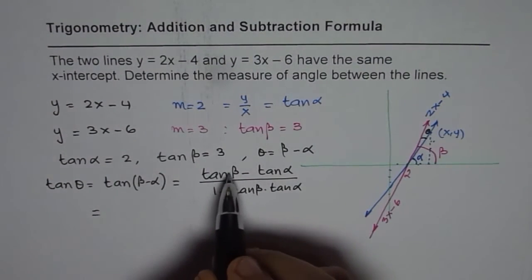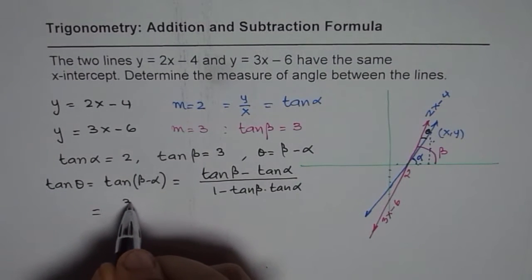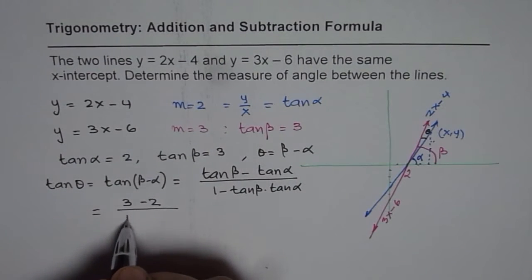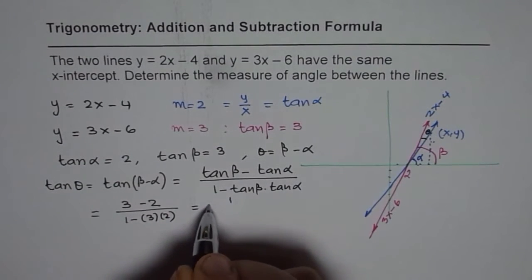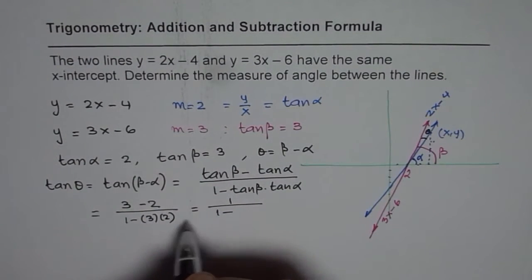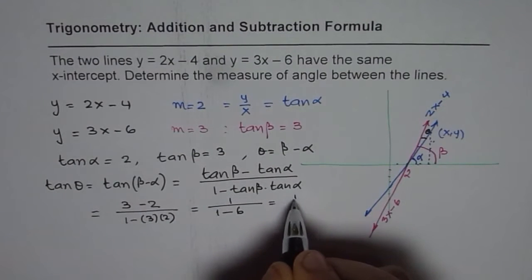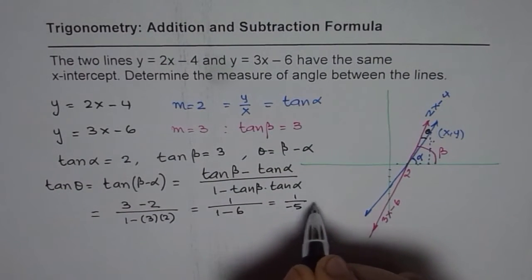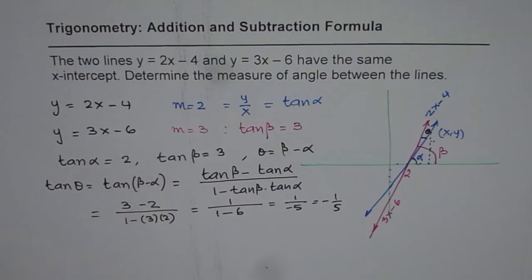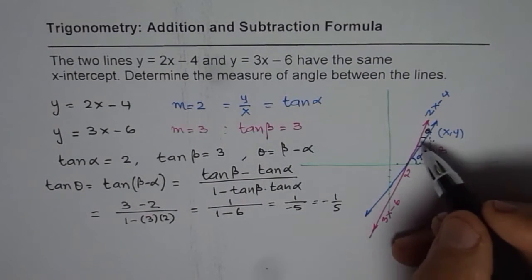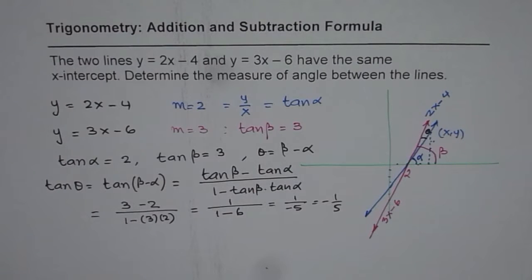So tan beta we know is 3. So we have 3 minus 2 divided by 1 minus 3 times 2. That gives us 1 over 1 minus 6. So we get 1 over minus 5, or negative 1 over 5. Correct? So that is the angle theta which we get.